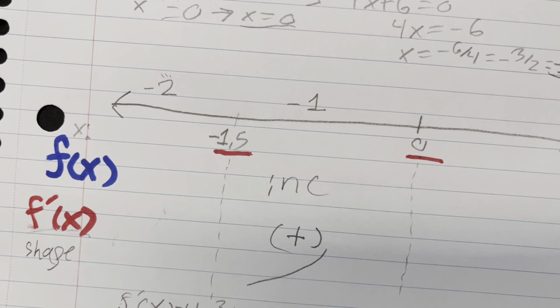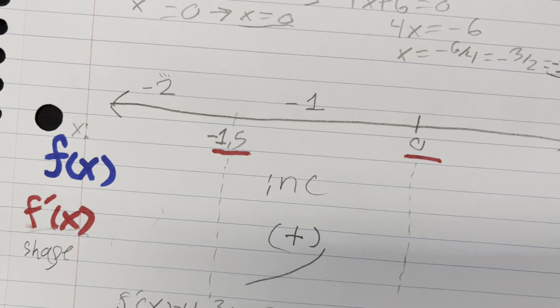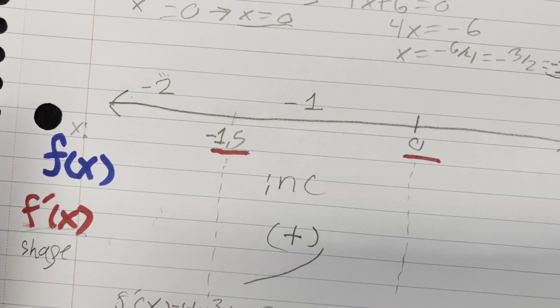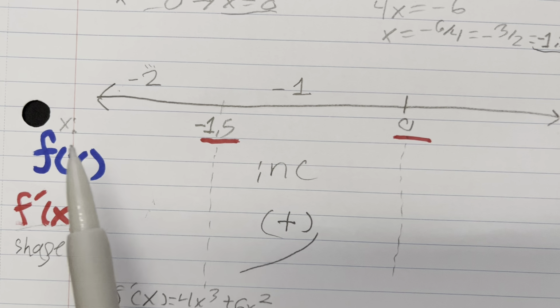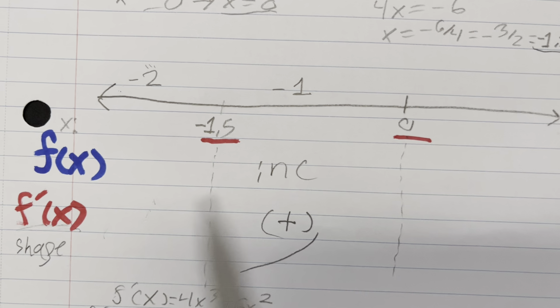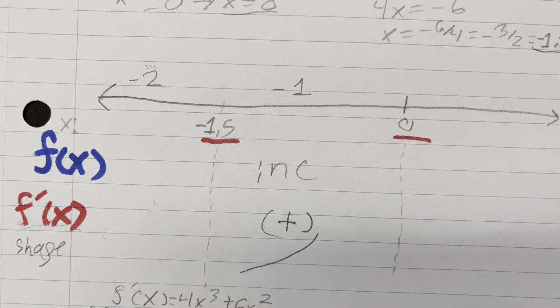Because remember, our critical numbers are the only places in which our function can switch direction, or our derivative can switch sign. So we can guarantee that every derivative value left of x equals -1.5 will have the same sign. There are no discontinuities. These are our only two critical numbers on this function.